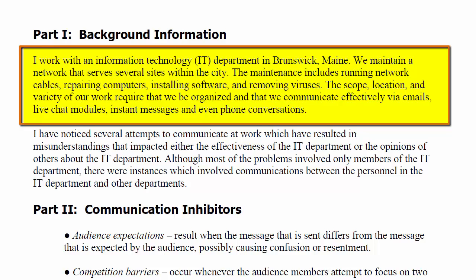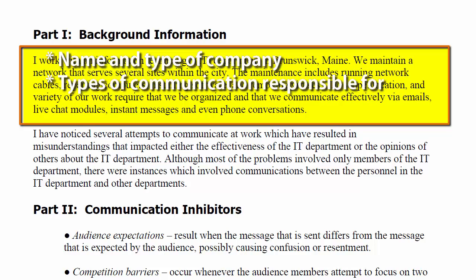The scope, location, and variety of our work require that we be organized and that we communicate effectively via emails, live chat modules, instant messages, and even phone conversations. So as you see in this background context, Barry is telling us the kind of company he works for, and especially the kinds of communication that he is responsible for and that take place within this company.